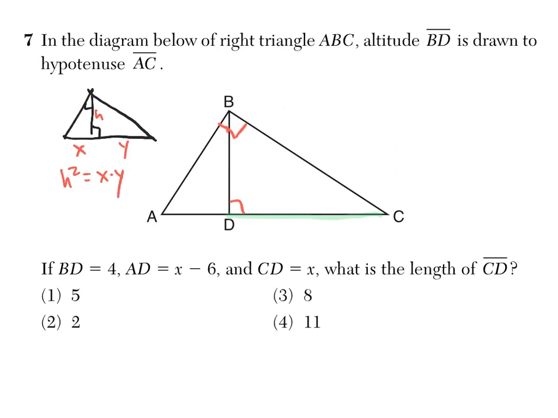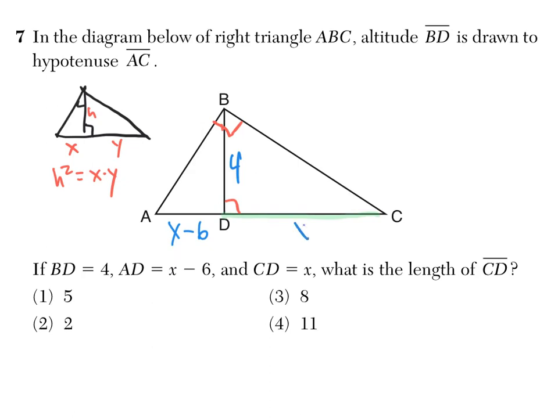So now let's plug in these values. If BD is 4, and AD is x minus 6, and CD is x, we know that it's going to be 4 squared equals what times what? Let me check our formula over here, x times y, so it's going to be x times x minus 6. Great.